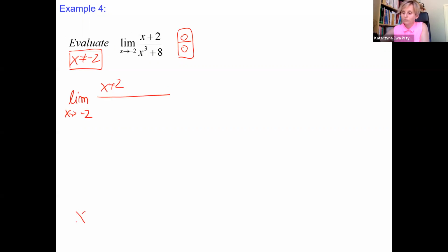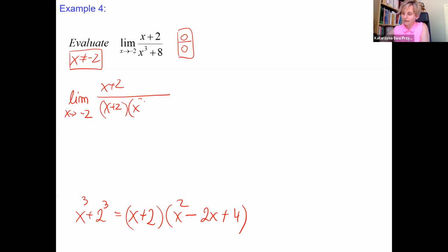Now what I will do, x cubed plus 2 cubed, similar formula, which is a cubed plus b cubed, x plus 2, and then x squared minus, now it's minus, 2 times x, and plus 2 squared, 4. Okay, x plus 2 times x squared minus 2x plus 4.